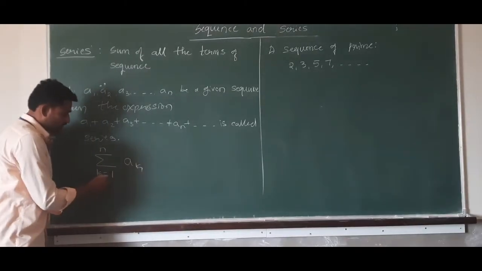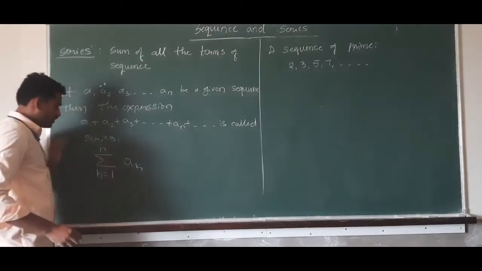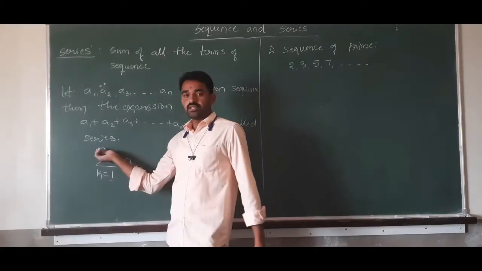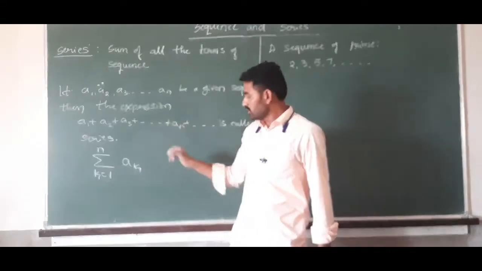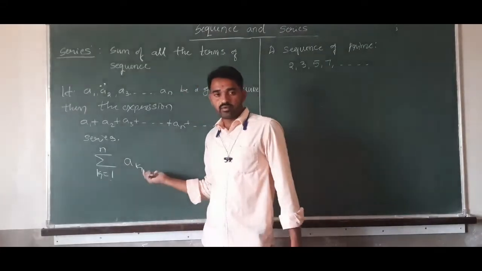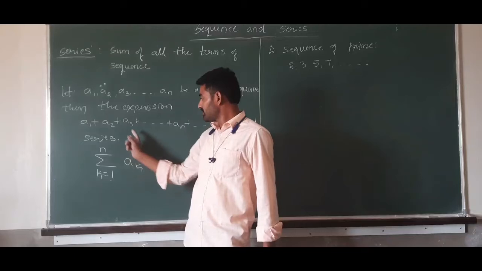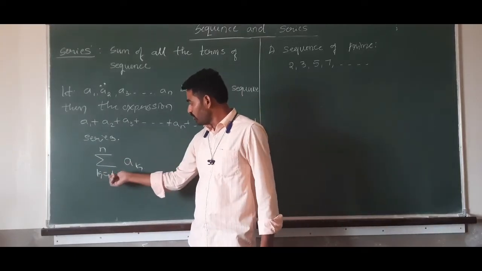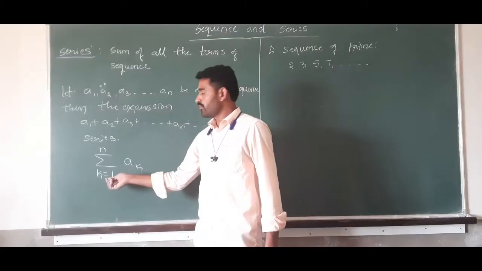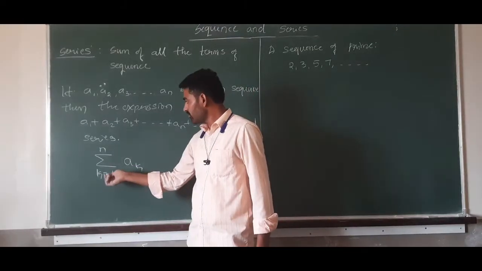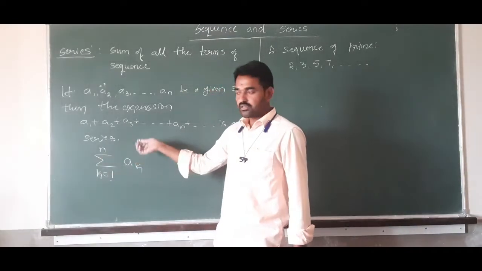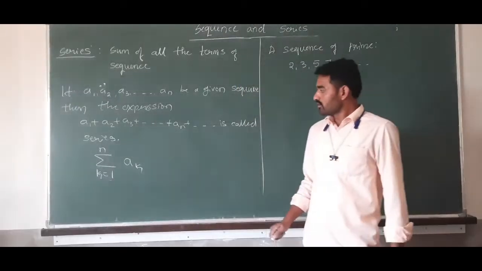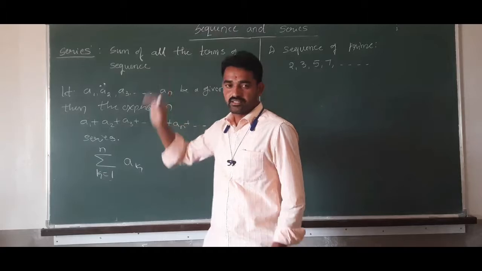The base, k equal to 1, represents the first term and the top, n, represents the last term. This is the sigma representation or compact representation of the series.